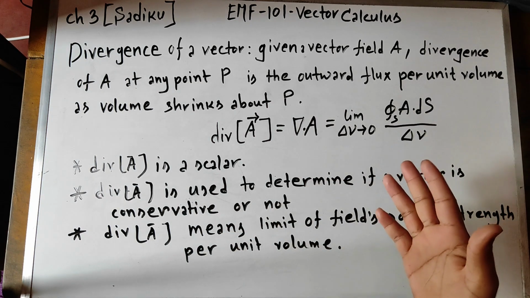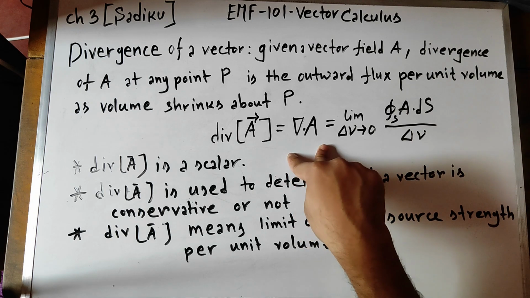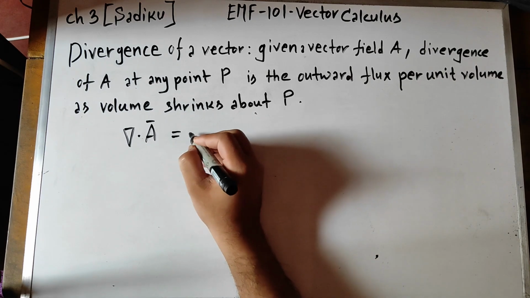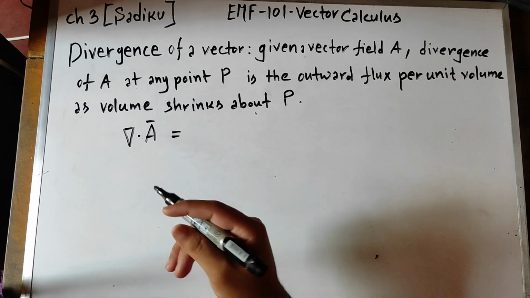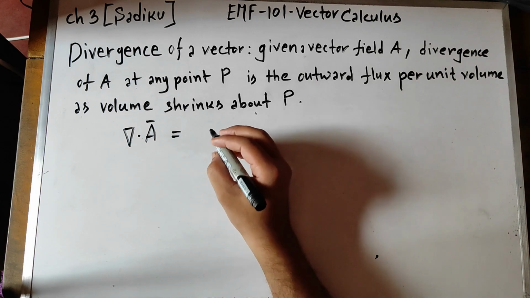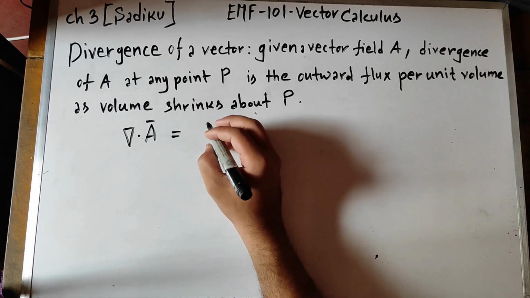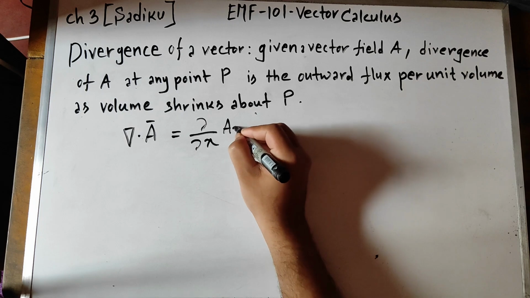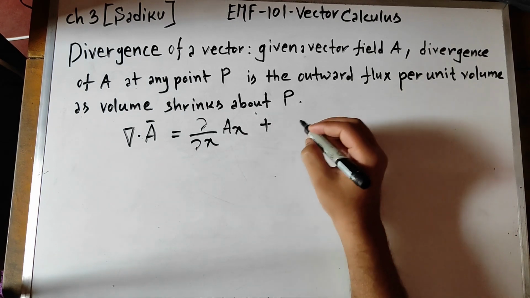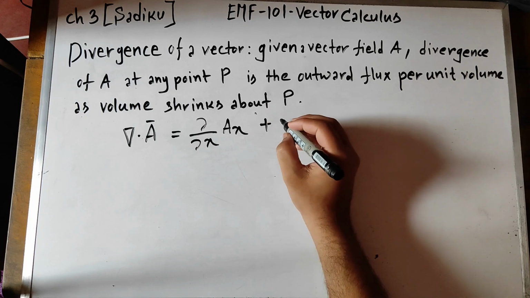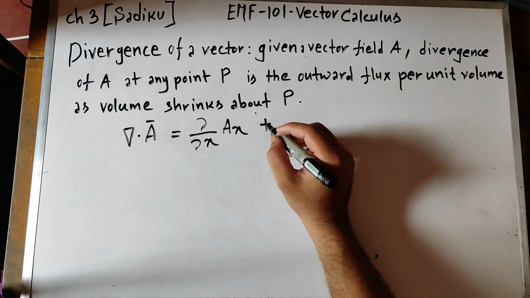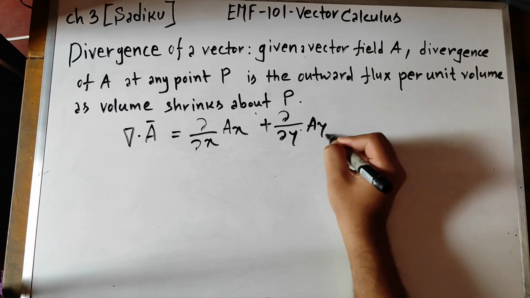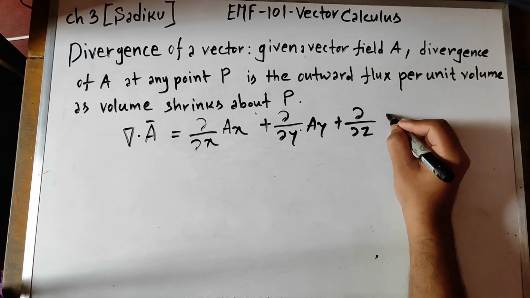If we want to calculate the divergence of a vector field, we are going to use this. We are taking the divergence of a vector. If the vector field is in the Cartesian coordinate system, the answer is del by del x ax plus, since A is a vector, it will have components in specific directions, dy ay plus del by del z az.